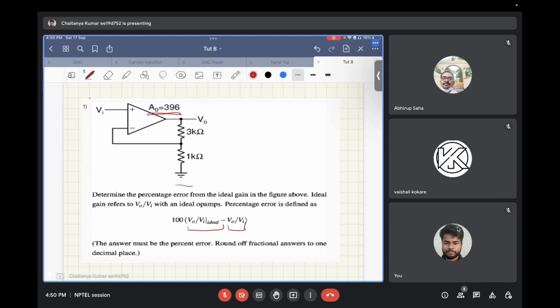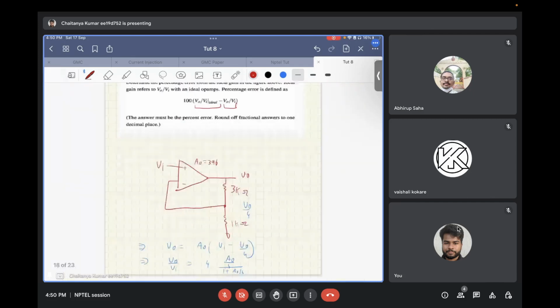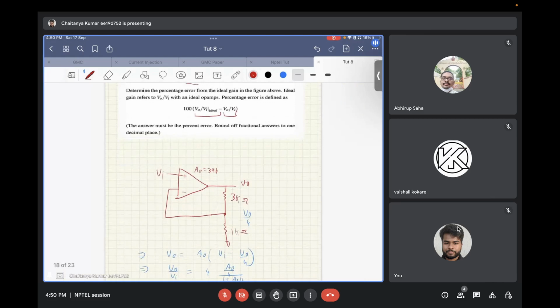Okay, so let's see the solution for this. As we discussed earlier, we can find out the real transfer function as A naught into the loop gain. The loop gain over here will be this resistor divider multiplied by the gain of the op amp.